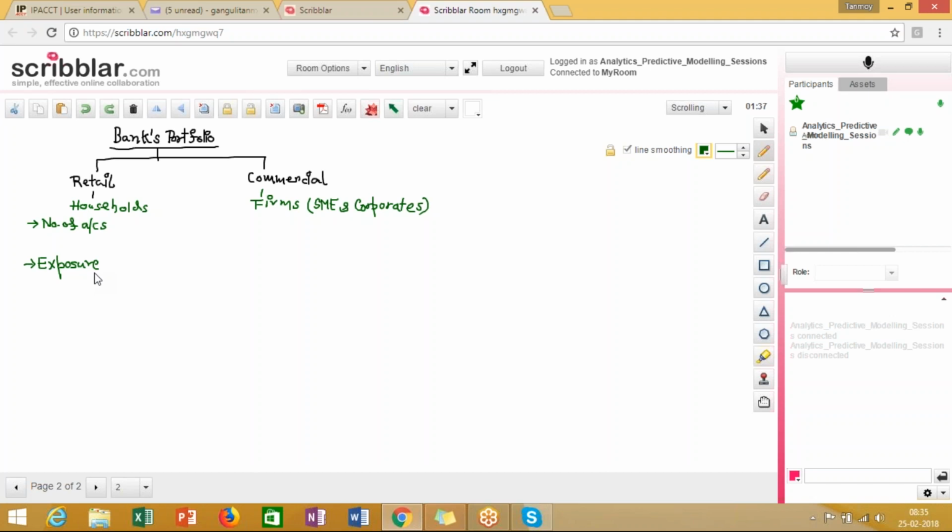Hence, when lending is done for small businesses, this exposure needs to be taken into account. So the number of accounts and the exposures are something we need to consider.